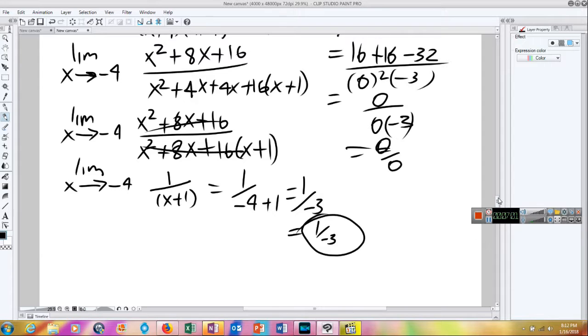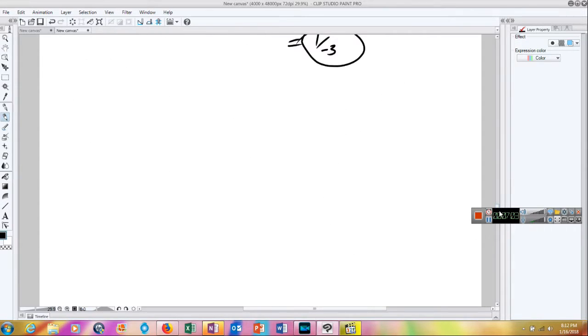And we approach number 6 with extreme caution. For number 6, the limit as x tends to infinity. This is where the madness begins.